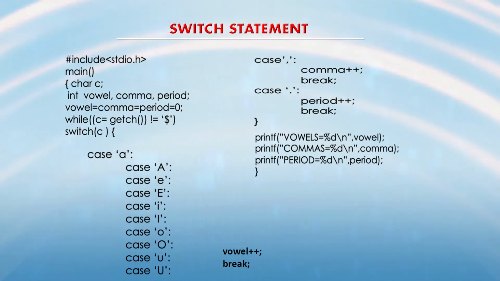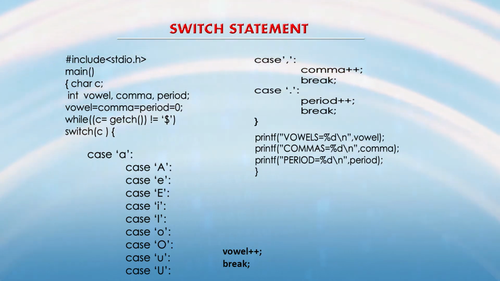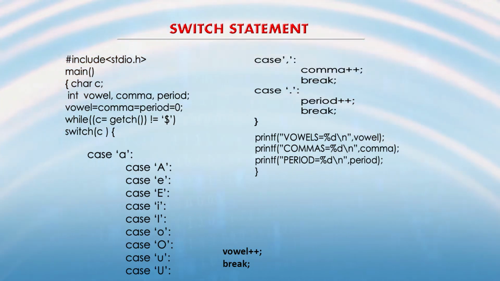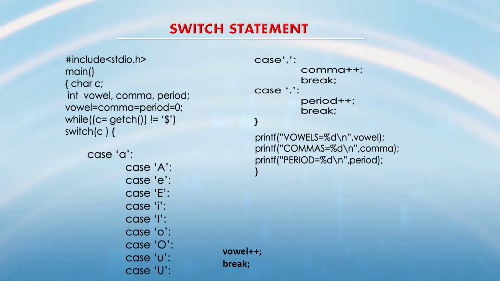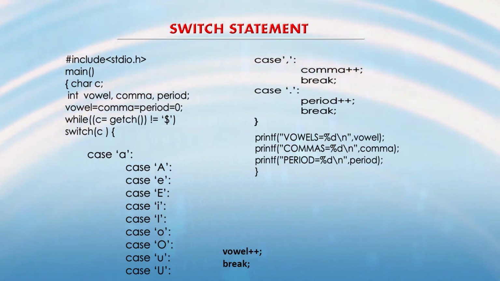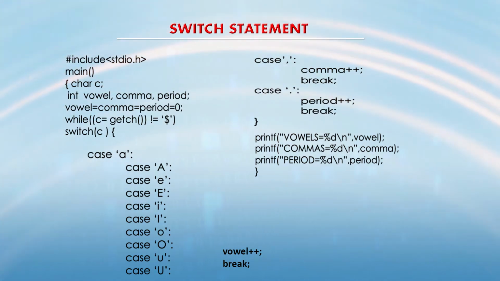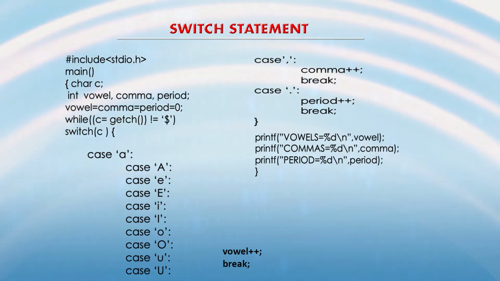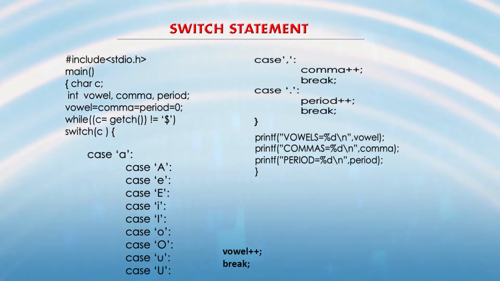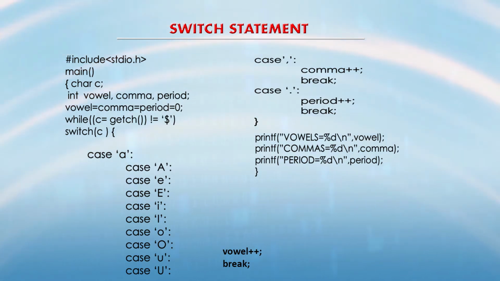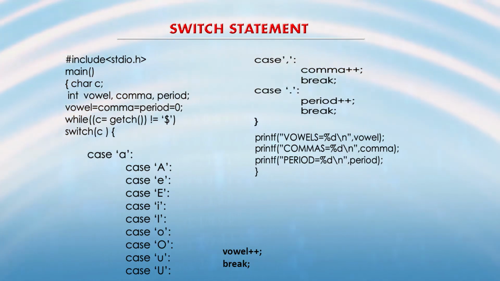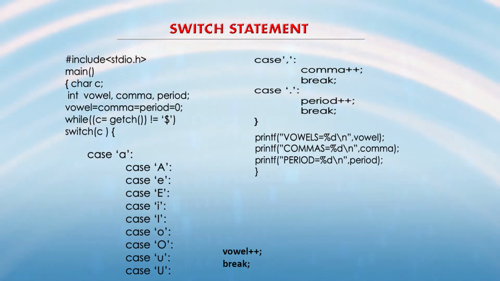So case A, because vowels are A, E, I, O, U. If you enter A, E, I, O, U, automatically the variable vowel, which is of data type int, will be incremented, and when a comma is entered, then the variable comma will be incremented. If a full stop or period is there, that means the period variable will be incremented. So the moment your text is having vowels, they all are counted and printed under the terms vowels is equal to %d and commas is equal to %d, and your periods is equal to %d.